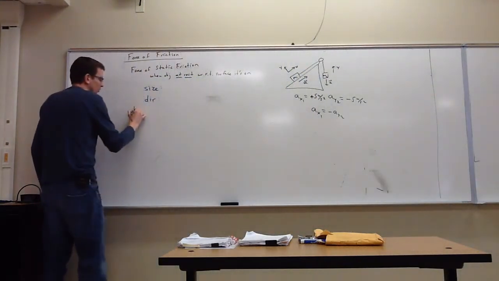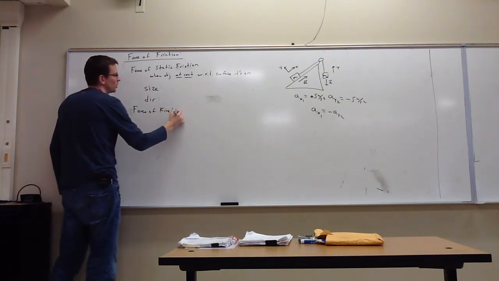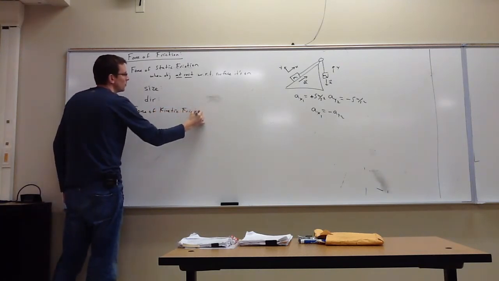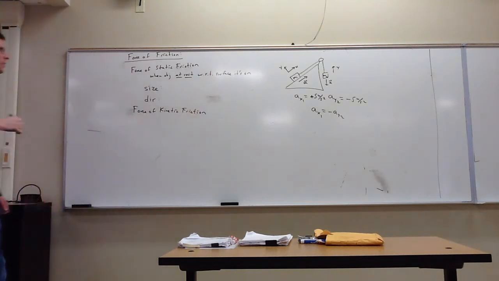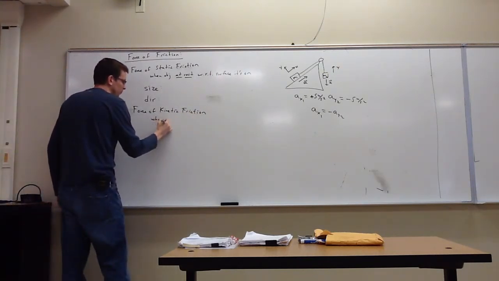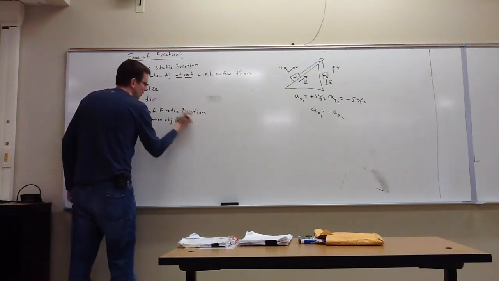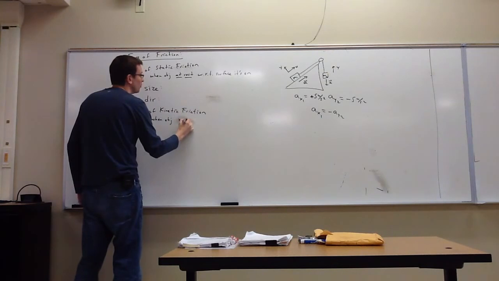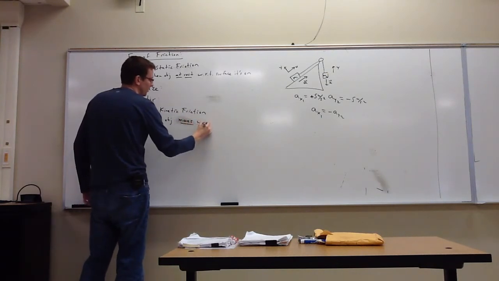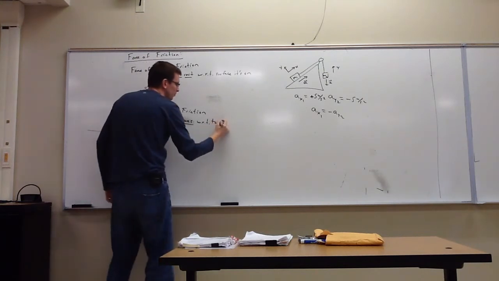Then the force of kinetic friction. That is when an object is sliding across a surface. So when an object moves with respect to the surface it's on.